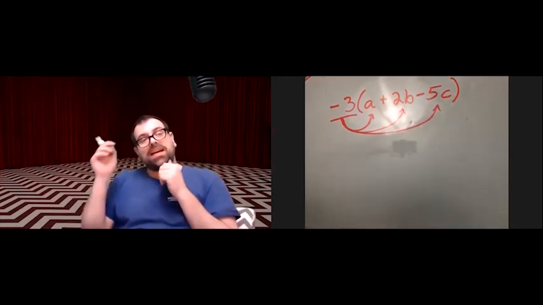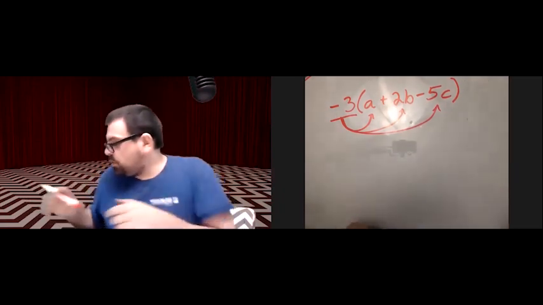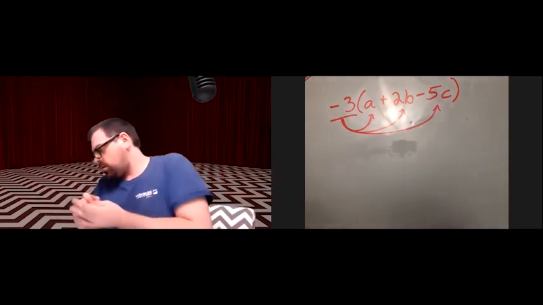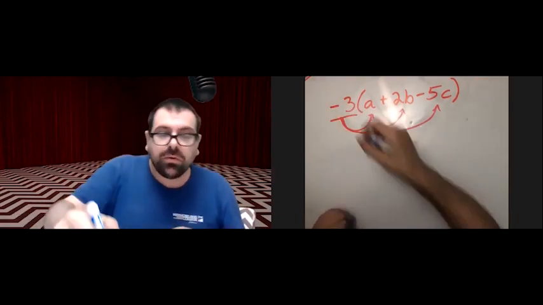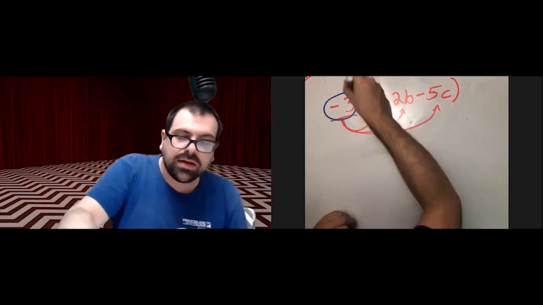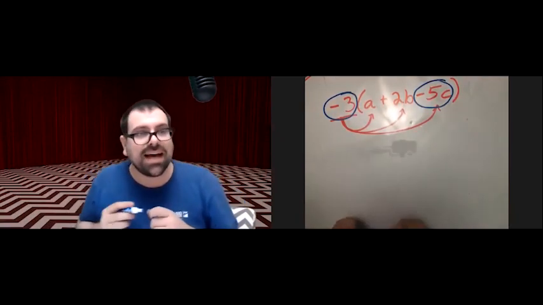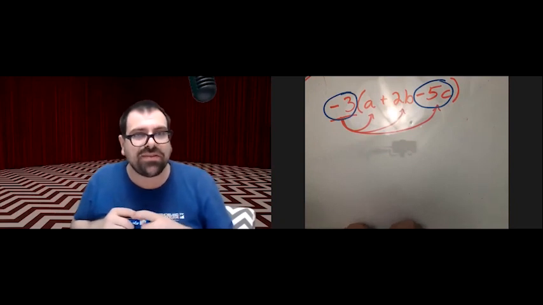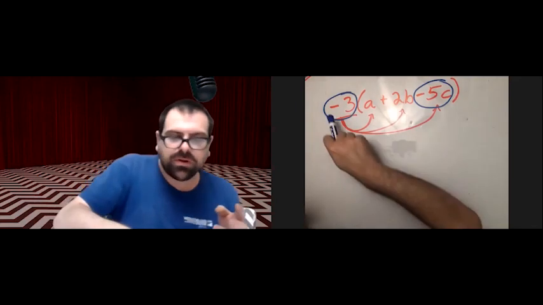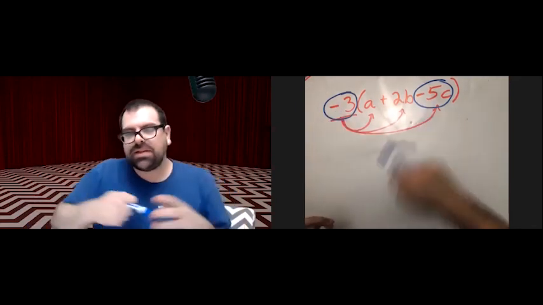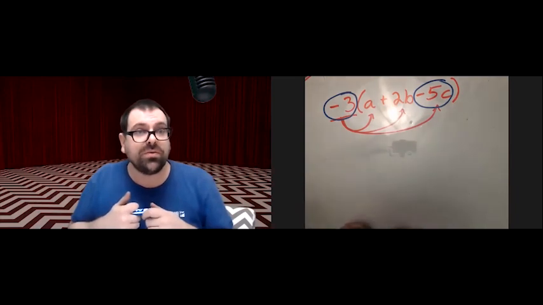Remember, the sign in front is a part of the term. So when we get to this third part, we need to multiply the entire -3 times the entire -5C. And what happens when we multiply a negative times a negative? Well, it's going to turn into a positive.